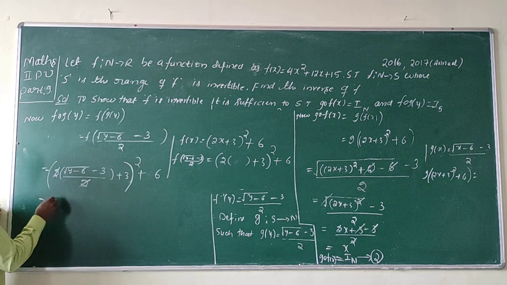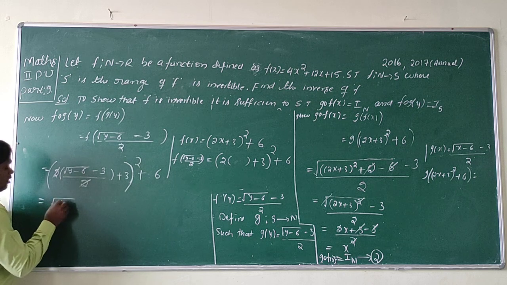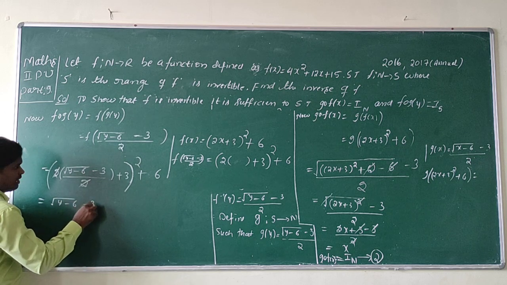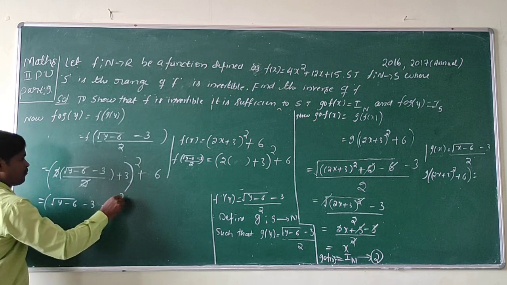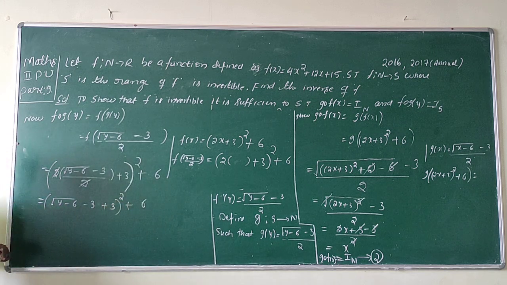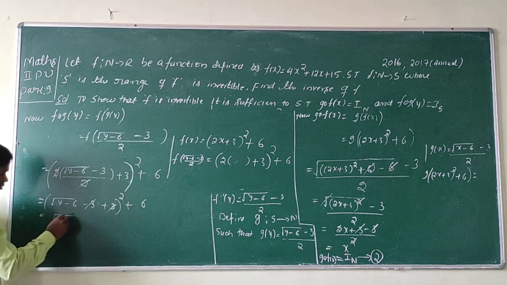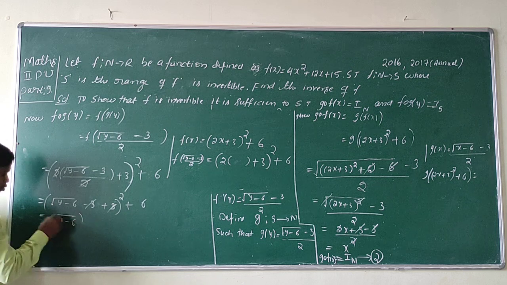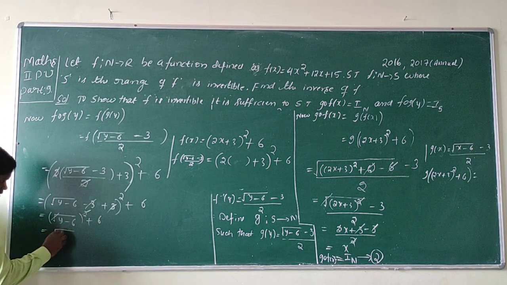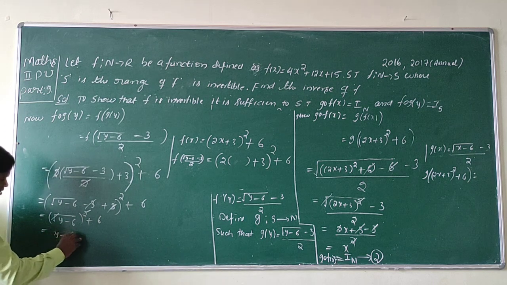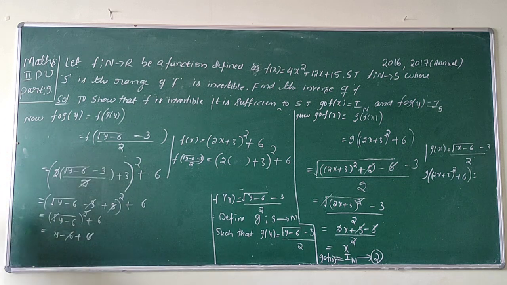We are left with (root of y minus 6 minus 3 plus 3) whole square plus 6. Next, minus 3 plus 3 gets cancelled. So we are left with (root of y minus 6) whole square plus 6. The root and square get cancelled. So we are left with y minus 6 plus 6. The minus 6 and plus 6 cancel, so we are left with y.